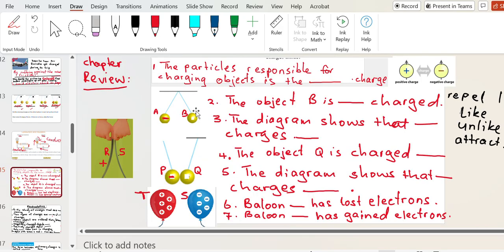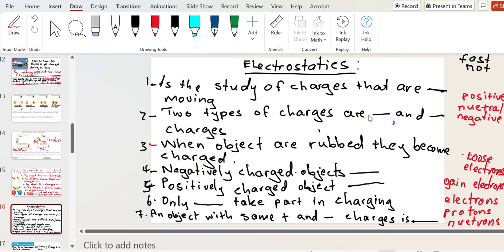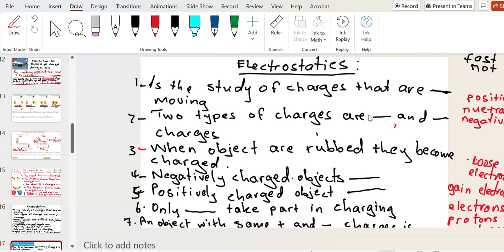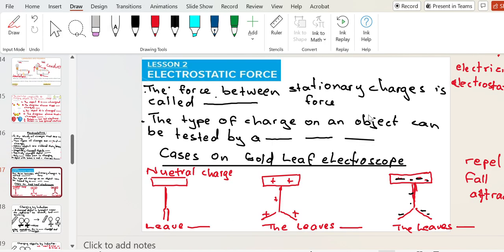This one is the same as what I was talking about. You can answer these quickly and show me in the class. These are just revision questions for you to know what happens with like charges and what happens with unlike charges, okay?